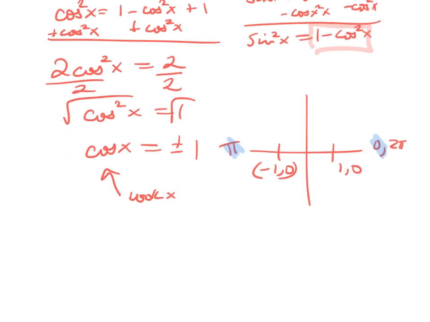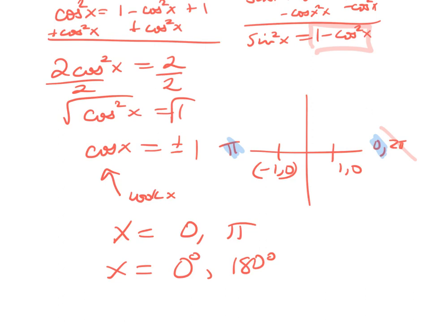I don't want to list 2 pi as an answer because it's got parentheses around it. So x equals 0 and pi, or 0 degrees and 180 degrees. Just read the directions to see how it wants the answers, whether it's in degrees or if it's in radians. One more example.